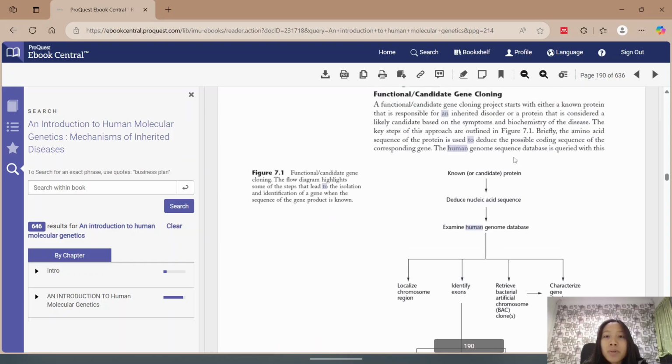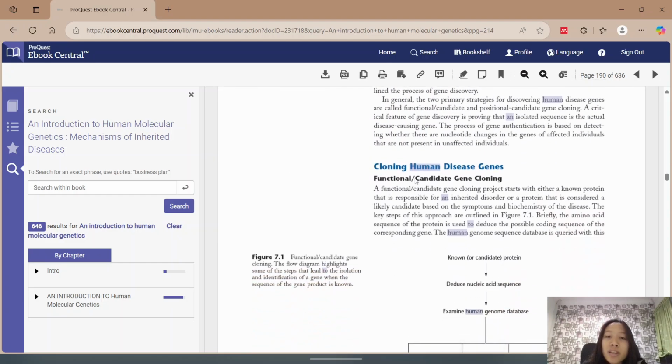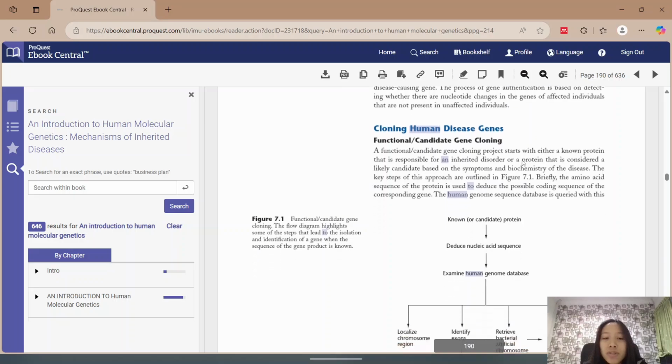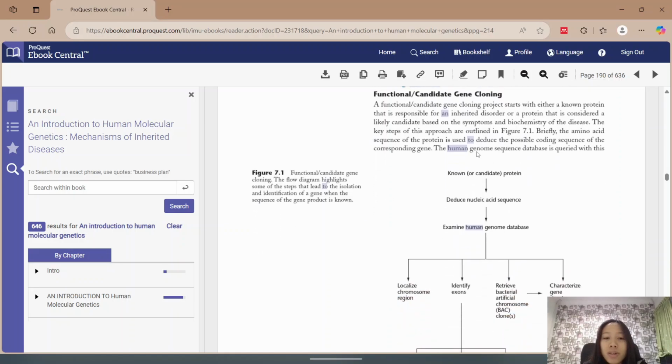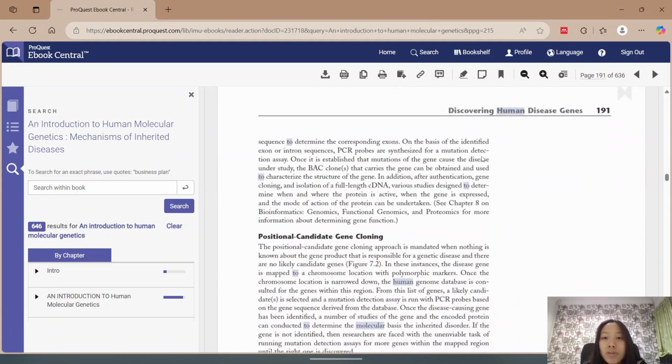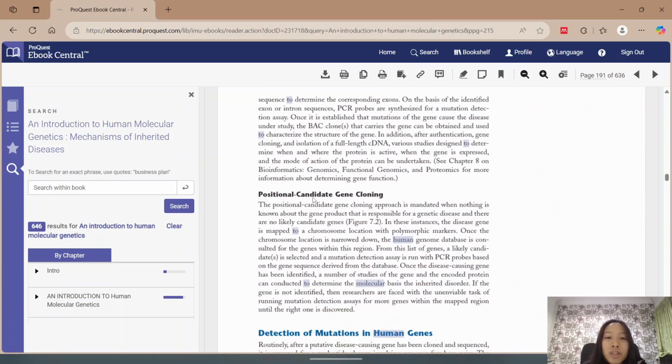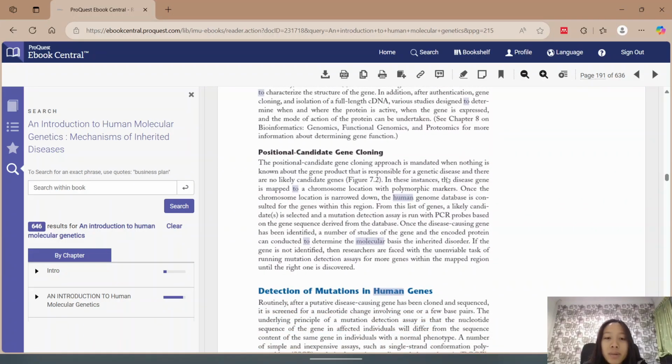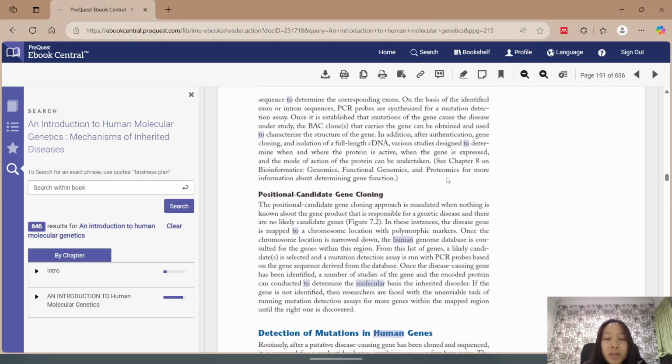For example, in cloning human disease genes, it shows functional or candidate gene cloning and also positional candidate gene cloning. It gives us a little bit of intro and will illustrate the textbook.